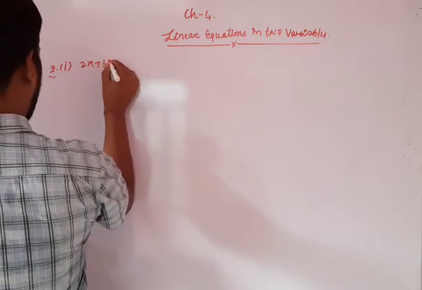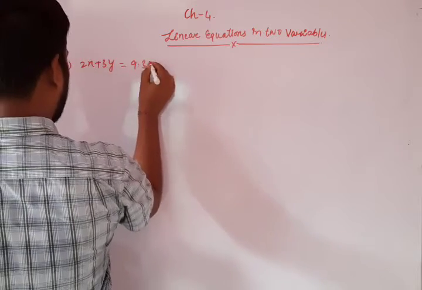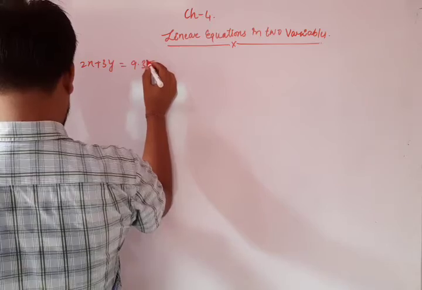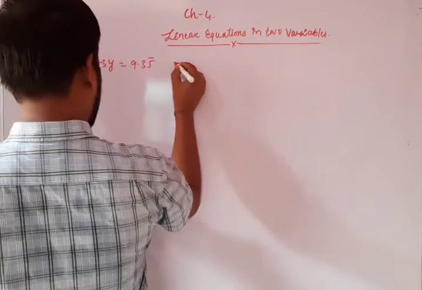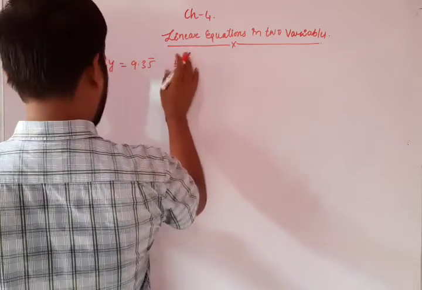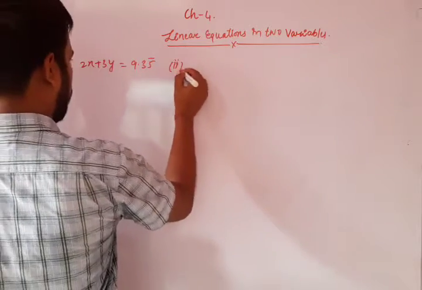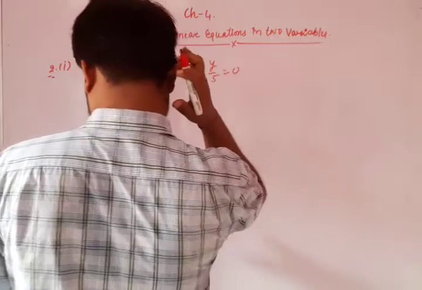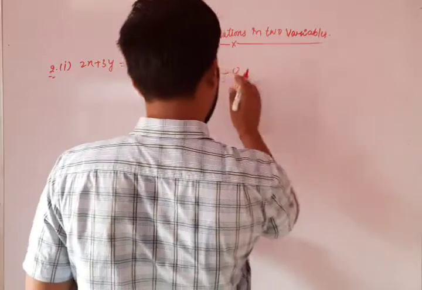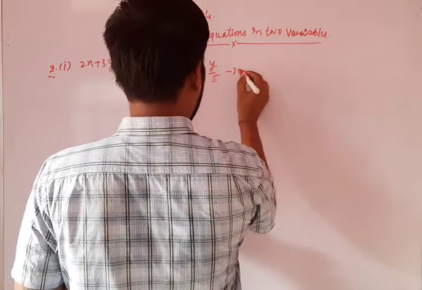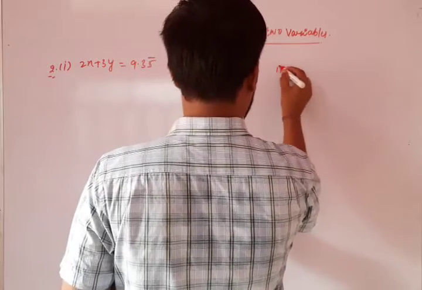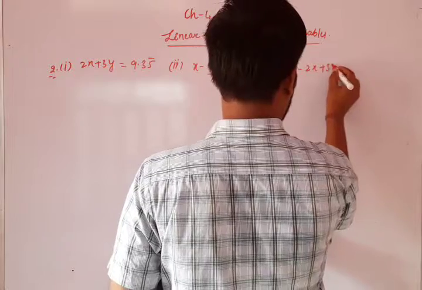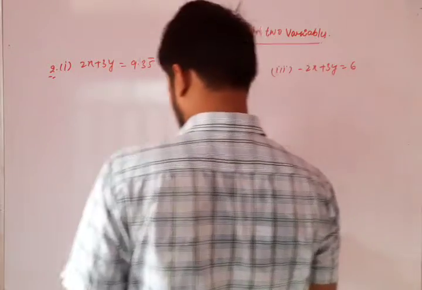First, 2x plus 3y equals 9.35 (9.3 bar). Second, x minus y upon 5 minus 10 equals 0. Third, minus 2x plus 3y equals 6.